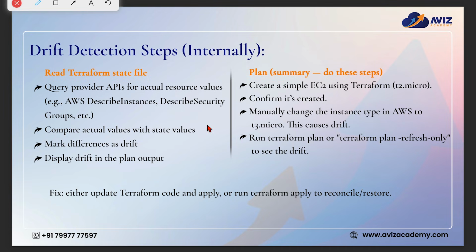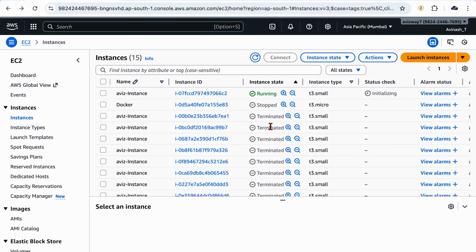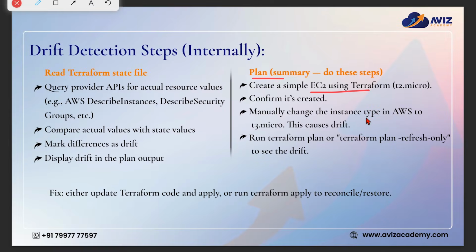To simulate this scenario, I did this. First I'm going to launch an EC2 instance. I already have it from the previous template. Then I'm going to verify. Then I'm going to manually change the instance type in the AWS console. Then I'll verify whether the TF state file got updated or not.